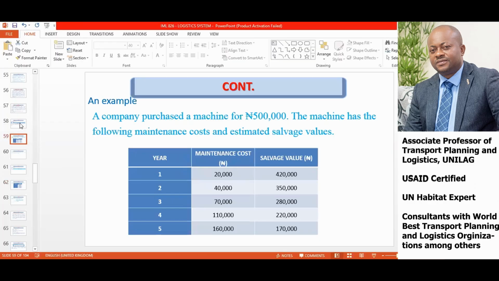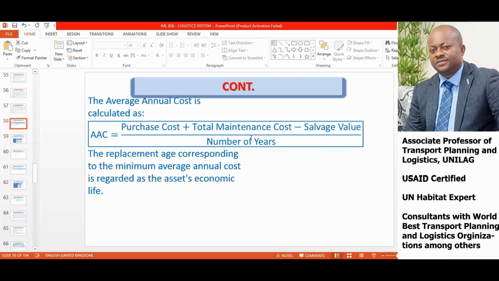Because the formula says what? On maintenance, what does the formula say with what you have? Purchase cost plus total maintenance cost minus salvage value, all over number of years. For us to establish the total maintenance cost, what we are doing is the cumulative.